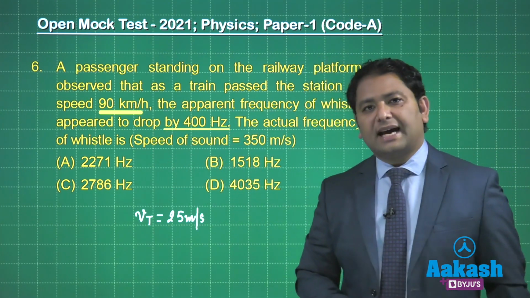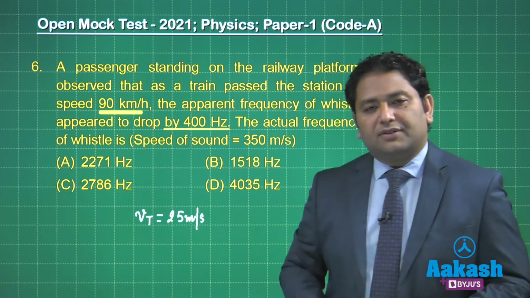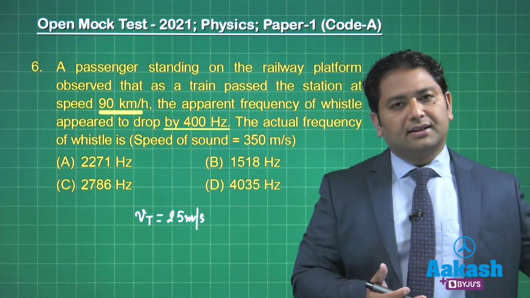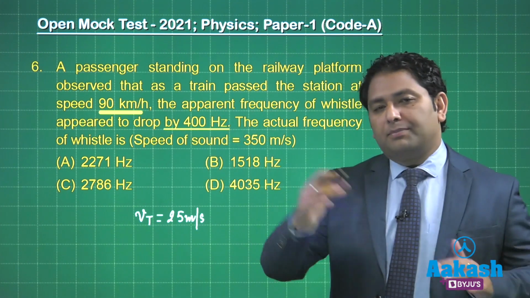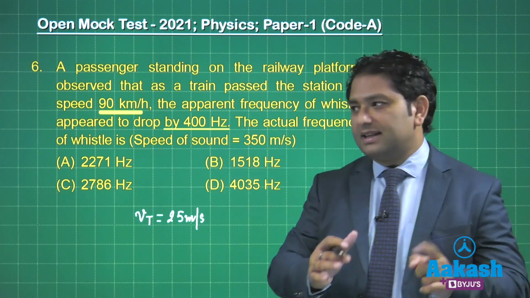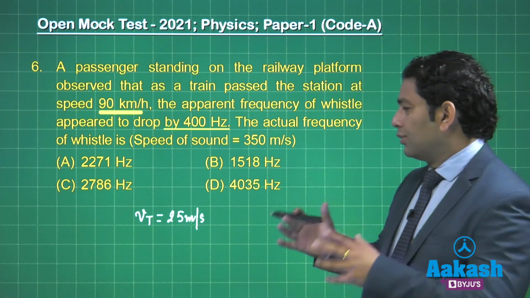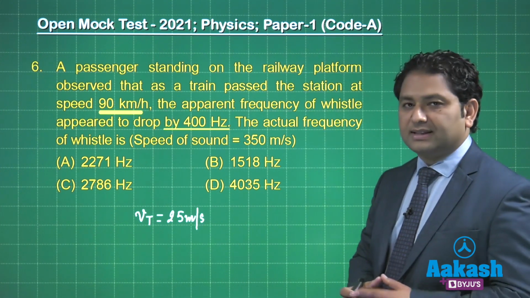Now, why does this happen? Initially, the train is approaching, so the frequency is higher, and after that the train recedes, so the frequency would be lesser. So, there is a drop in frequency, and how much is that? That is 400 Hz.